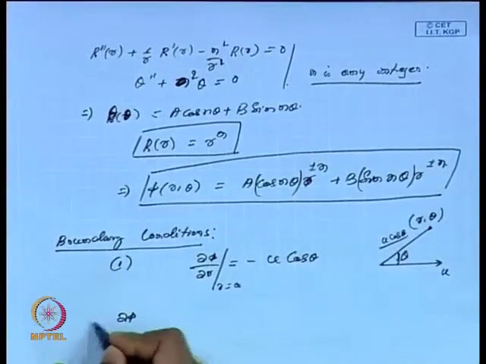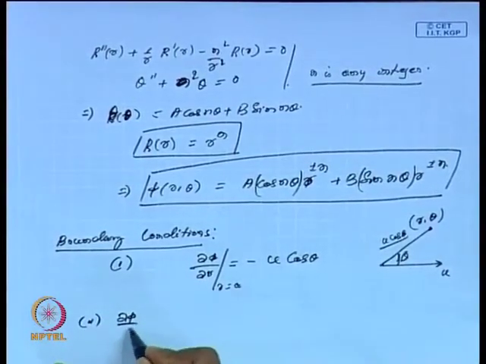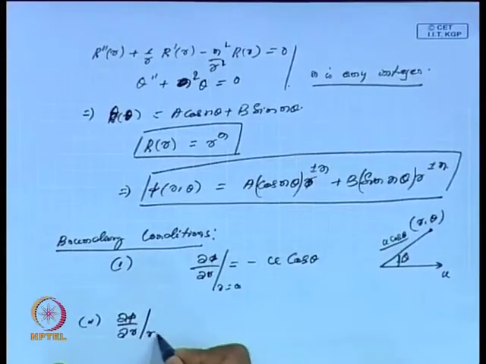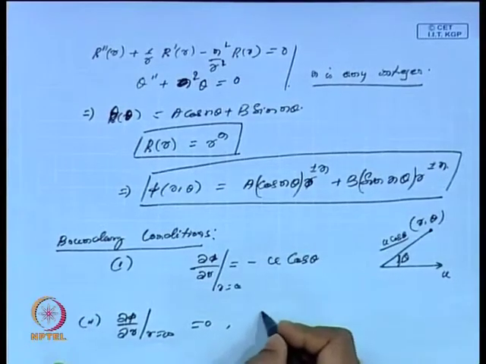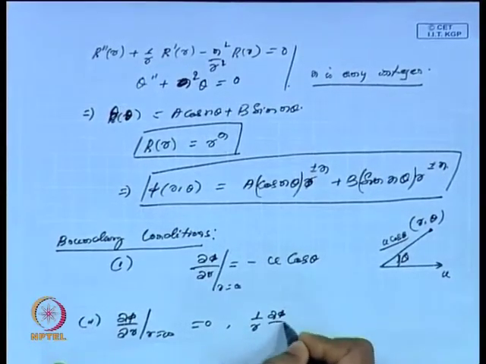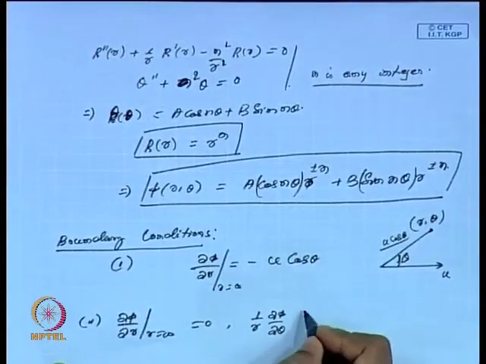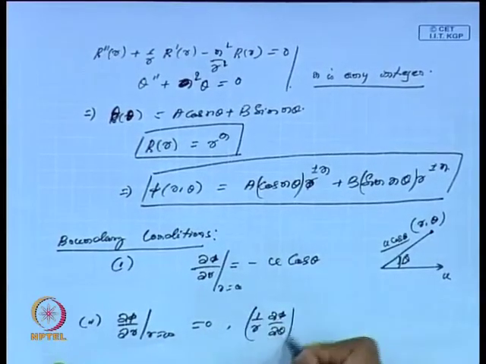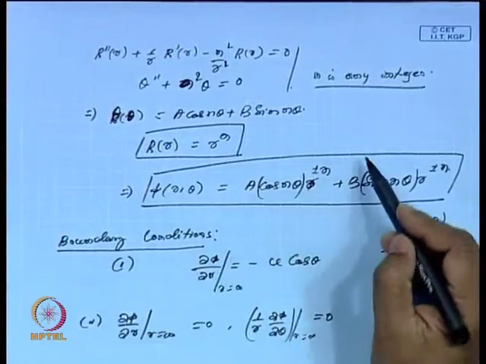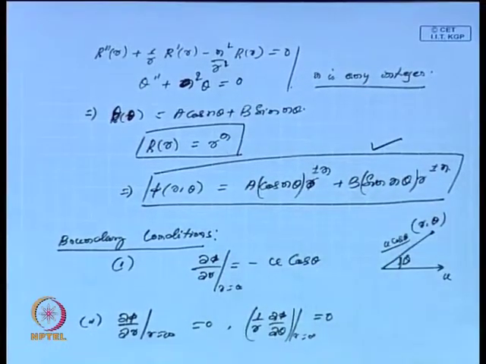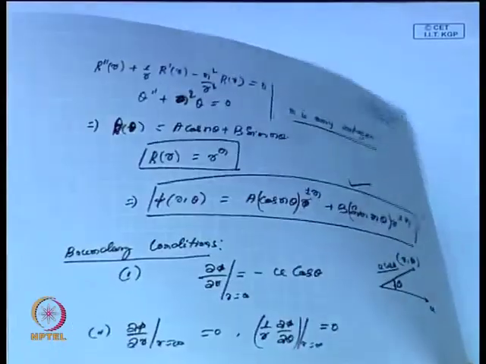The second condition, that the fluid is at rest at infinity, gives me del phi by del r at r is equal to infinity is 0, and I can also put it in terms of 1 by r del phi by del theta, because these are the two components of velocity at r is equal to infinity, which will be 0. So I have to solve this velocity potential phi subject to these two conditions, and once I get the velocity potential, I can find psi and then the complex potential w.